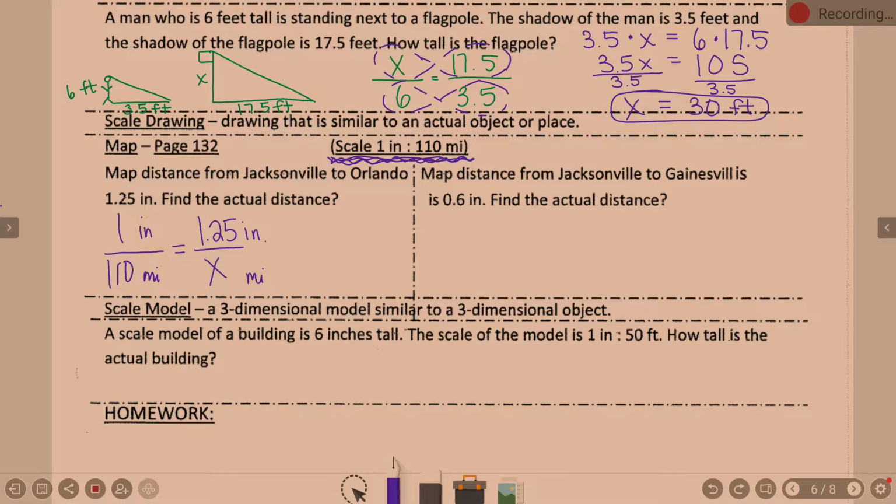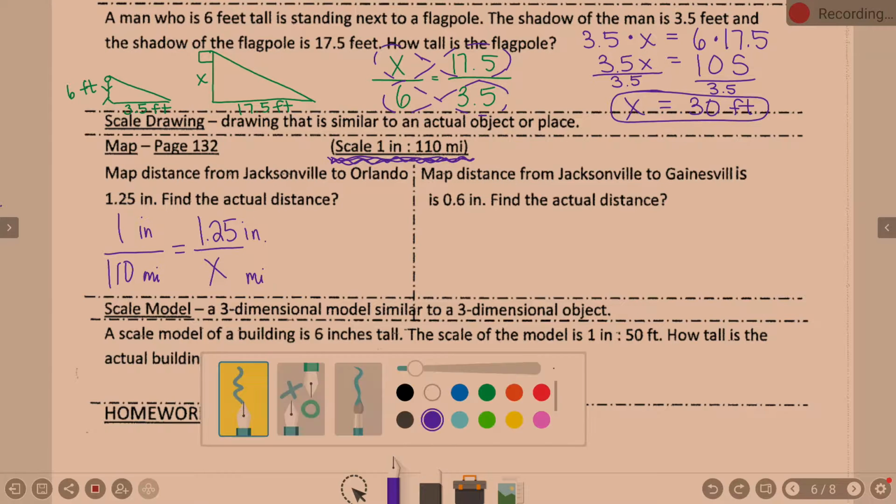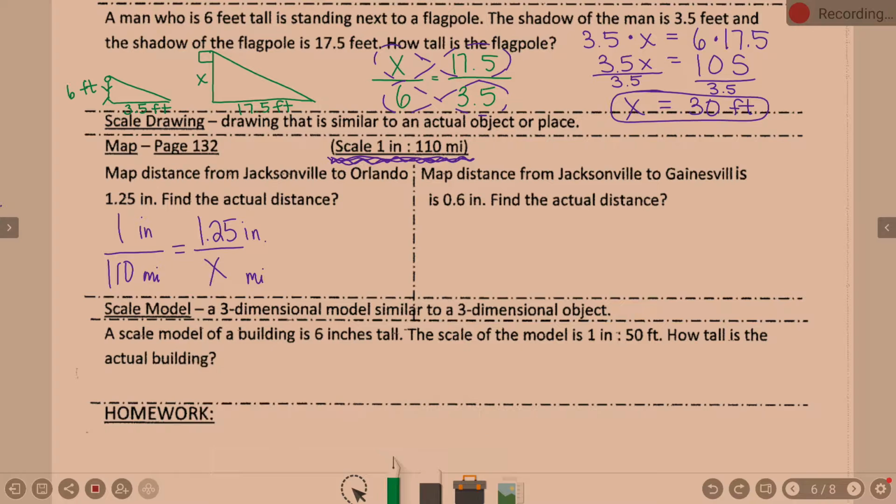Okay, so use the fraction they give you and then set up your other piece. And guess how we solve here, guys? Yep, cross products. And when we do the cross products, don't worry about the inches and miles. Just multiply the numbers. So 1 times x is 1x.